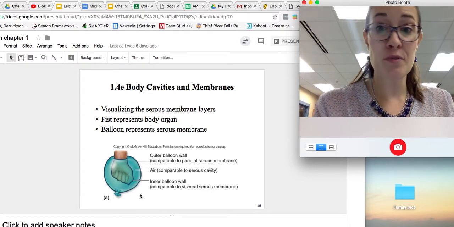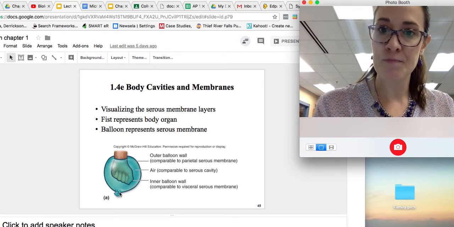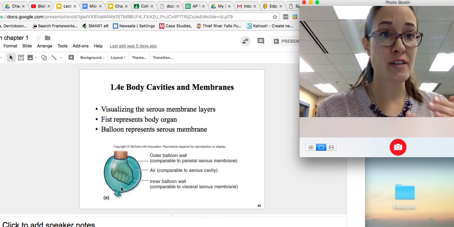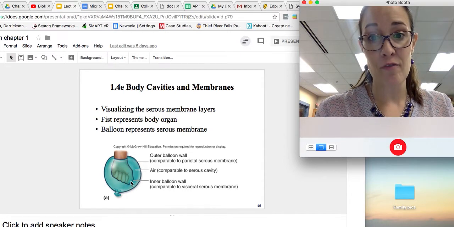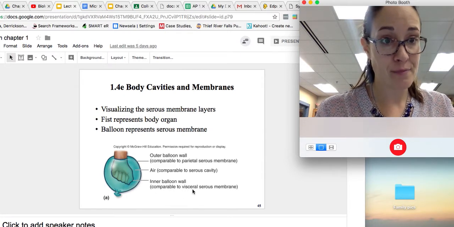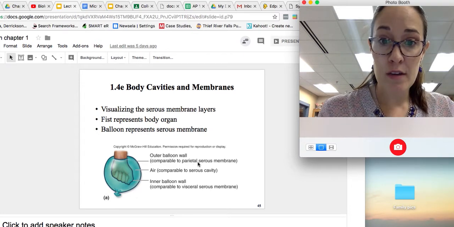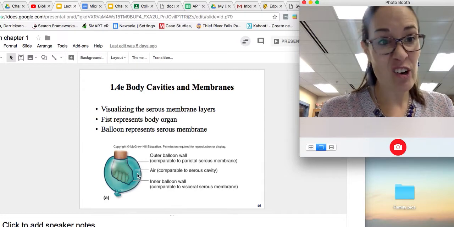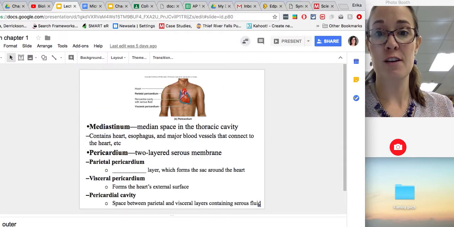And part of the balloon, the outside, is not touching the fist, the heart. And then you have a space between them. Think of that as your serous layers. The part touching the heart itself is the visceral membrane. The layer on the outside of the balloon is your parietal membrane. And then the air of the balloon represents the fluid that helps prevent friction.